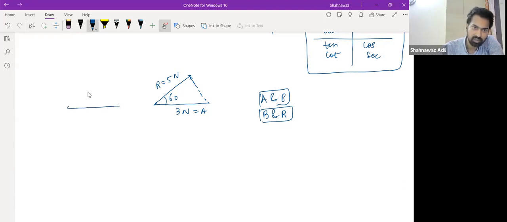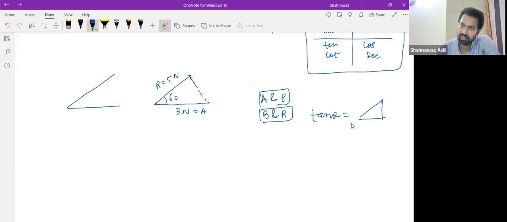Sir, we can use tan value, right? For tan value also, we need some right angle triangle, right? Is it compulsory to use tan when it is 90 degree? Do we have a tan theta for this angle?